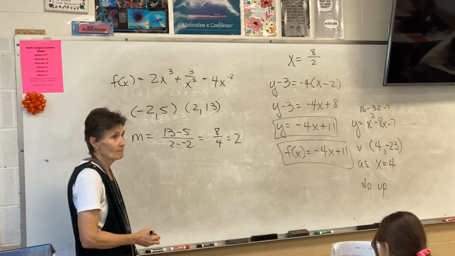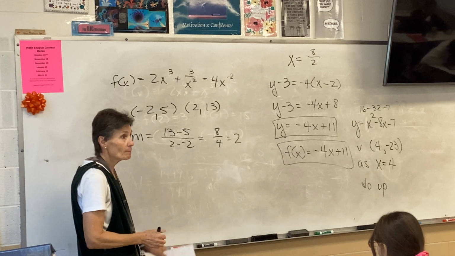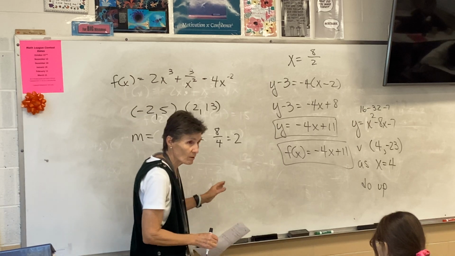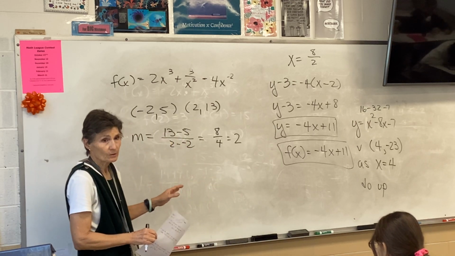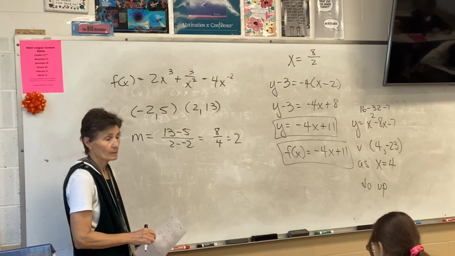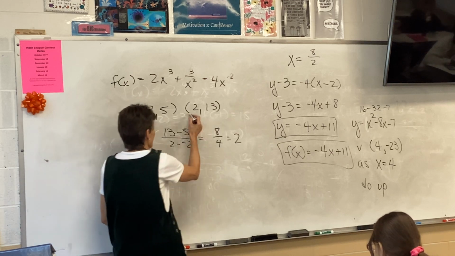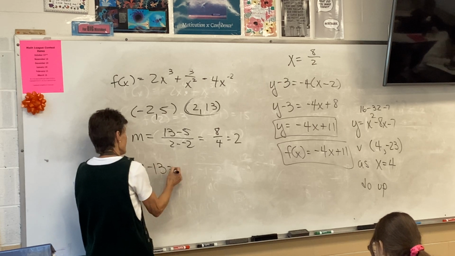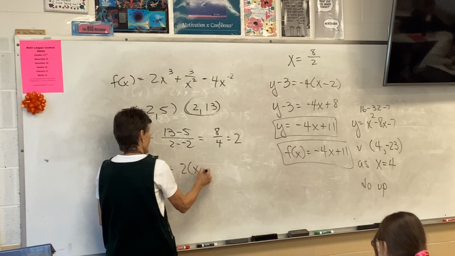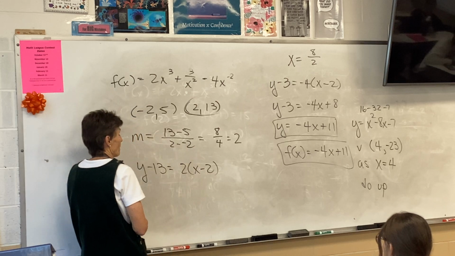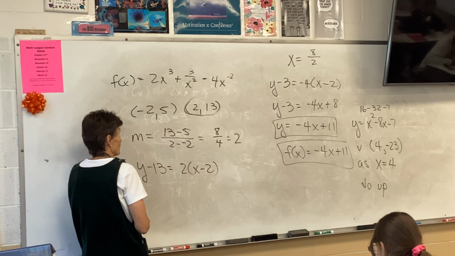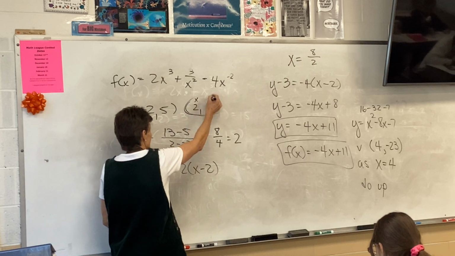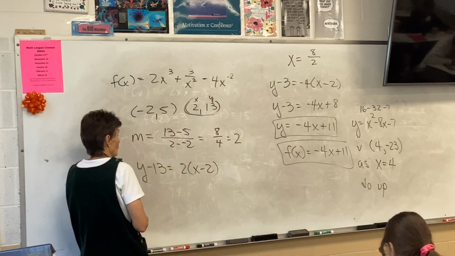Did you get that? Remember, tomorrow I'm not standing up here doing it. You have to do it by yourself. You getting 2? Pick a point. I'll pick that one. y minus 13 equals 2 times x minus 2. Remember, this is x, this is y. y goes with y.